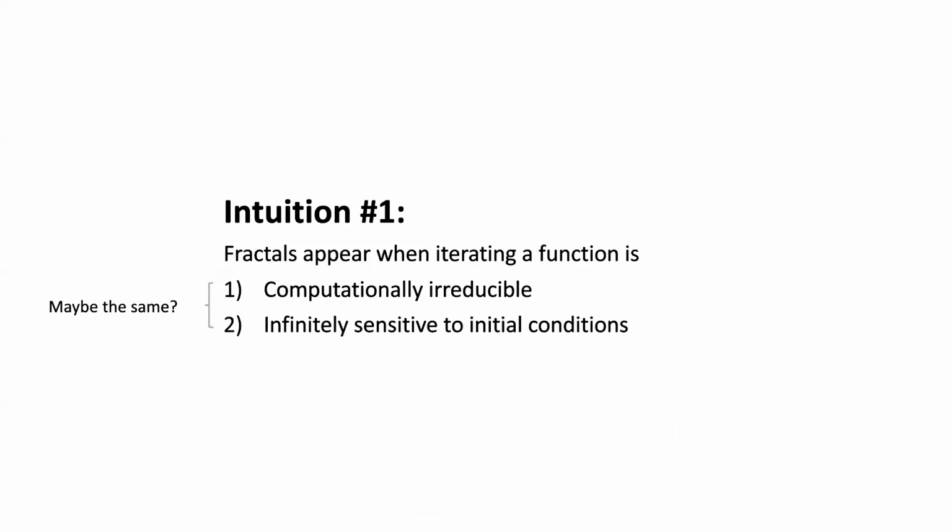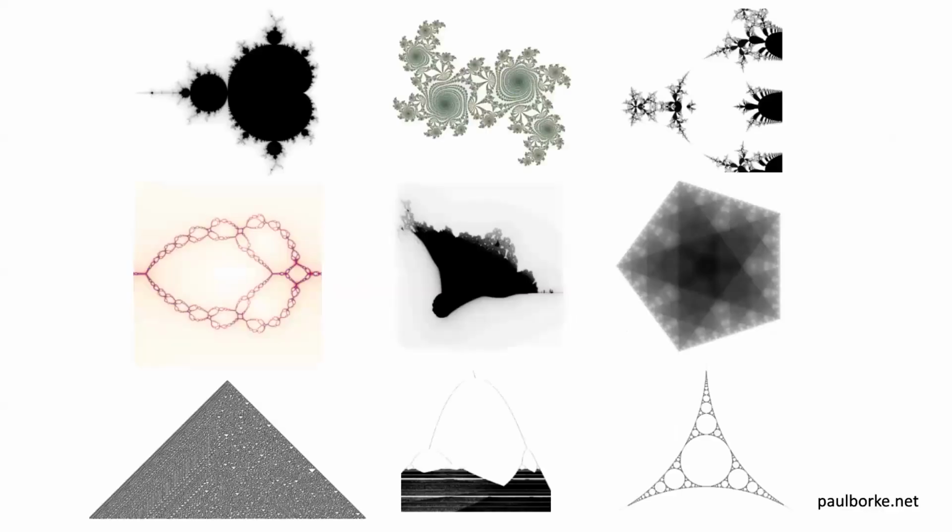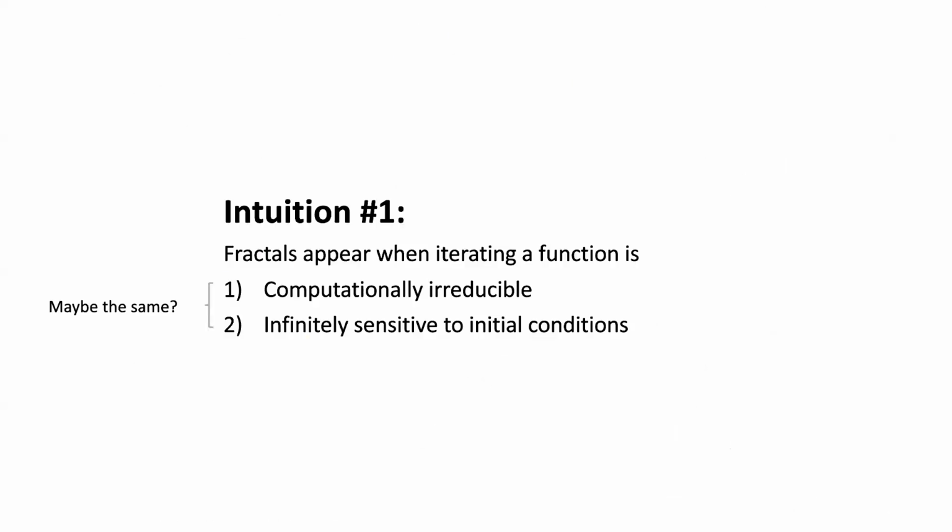And also the thing we seem to see is that fractals appear when you have infinite sensitivity to initial conditions, or arbitrary sensitivity, which, I mean, it's almost obvious, but still very important to say because, somewhat obviously, if you zoom in infinitely, there's a tiny change that you can make that will still give you a different result, right?